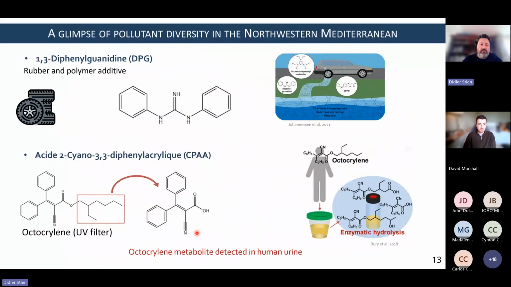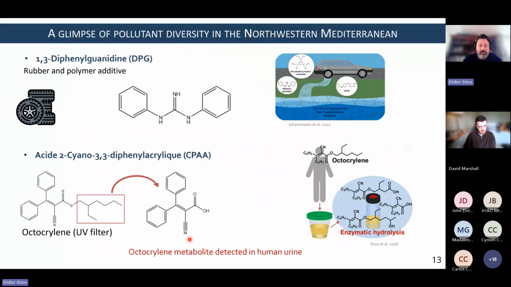We have diphenylguanidine. That's funny. It's a rubber and polymer additive, and it's probably originating from car tires. And we have one compound that is funny as well. Of course we did not expect to have something like that here.